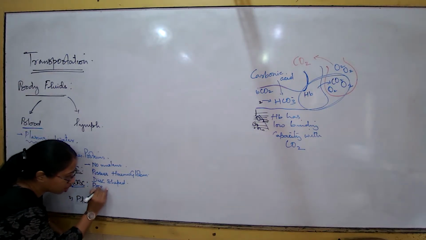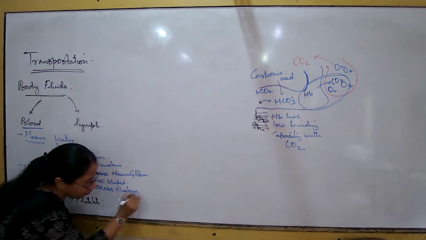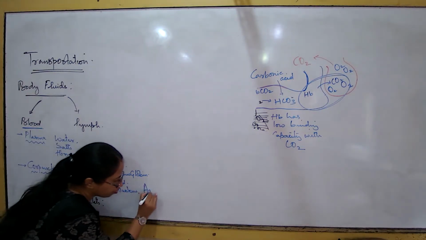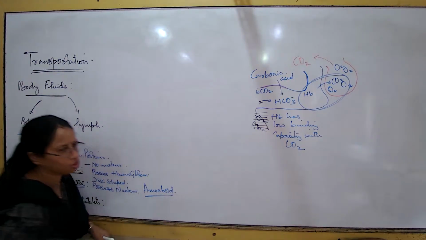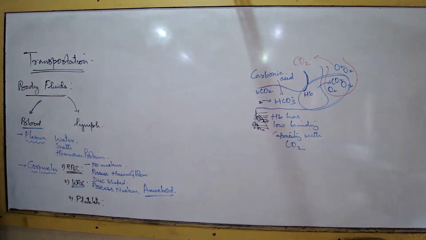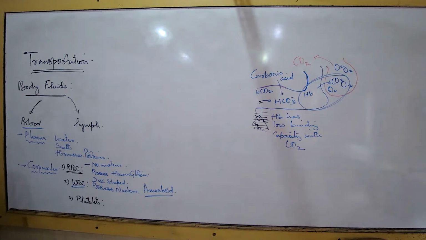So one particular feature of WBCs: do they have a nucleus? Yes, they possess a nucleus. And apart from that, one feature about WBCs you'll have to remember: they are amoeboid. All of you take a note of this word. WBCs are amoeboid, meaning they can change shapes like an amoeba. They can keep changing their shape so that they can move into the site of infection.